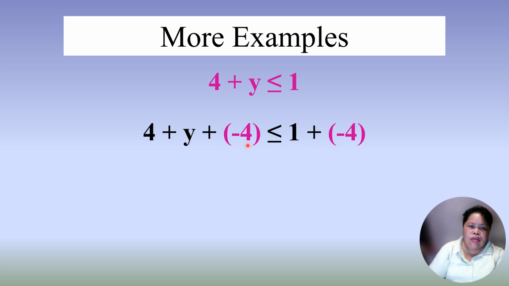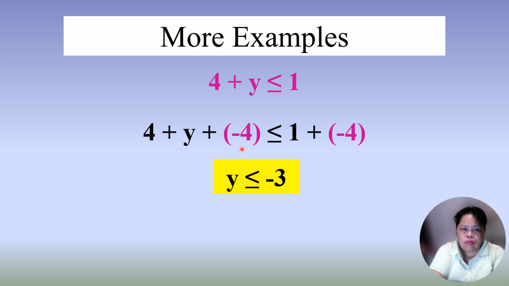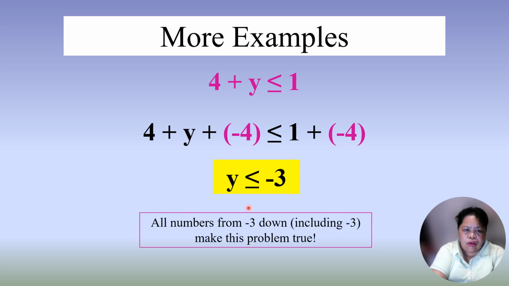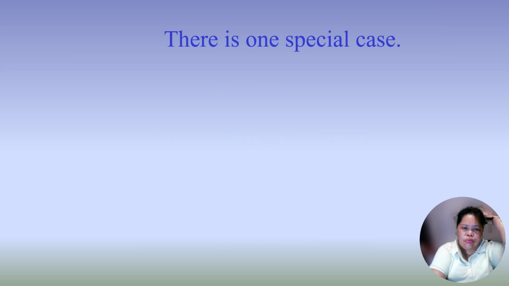So we add -4 to both sides. So y is less than or equal to -3. All numbers from -3 down, including negatives, make this problem true.